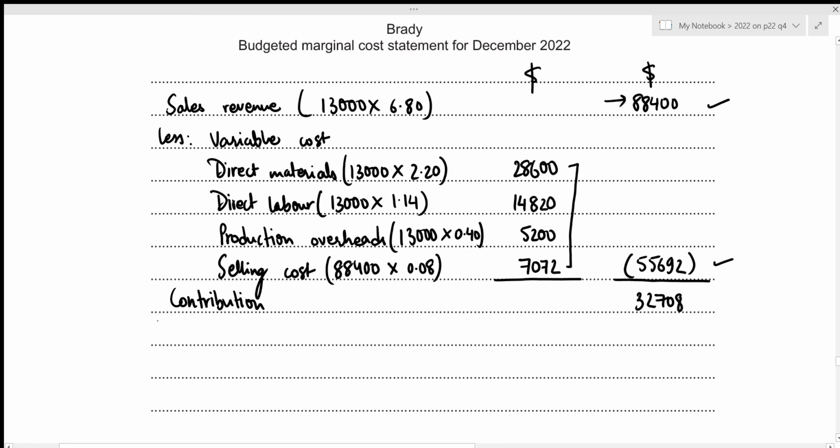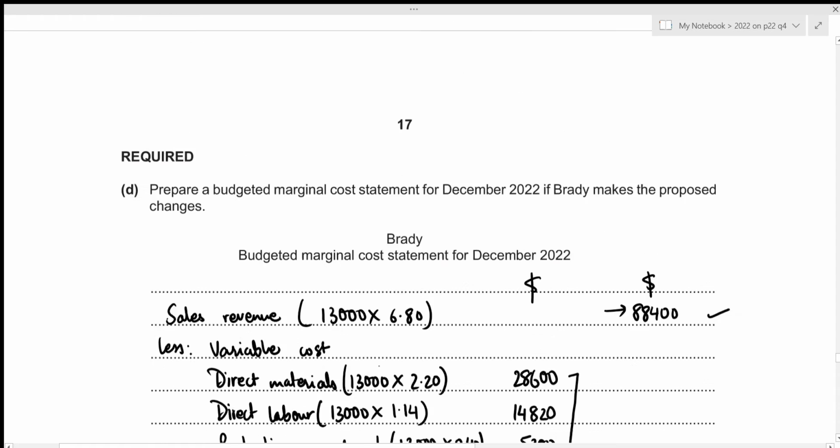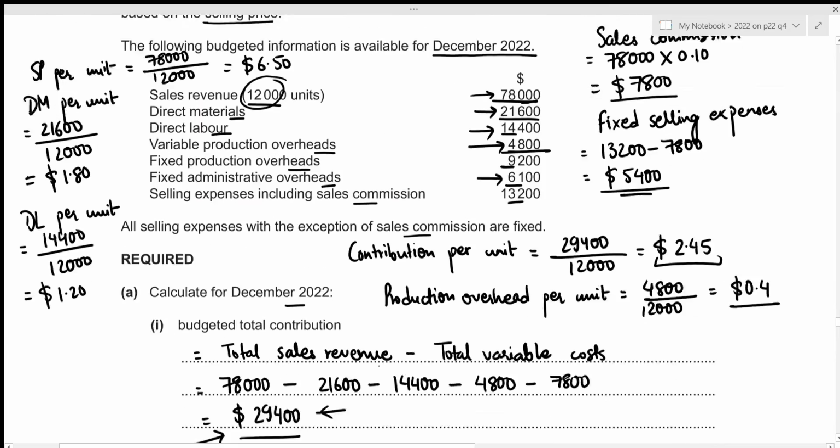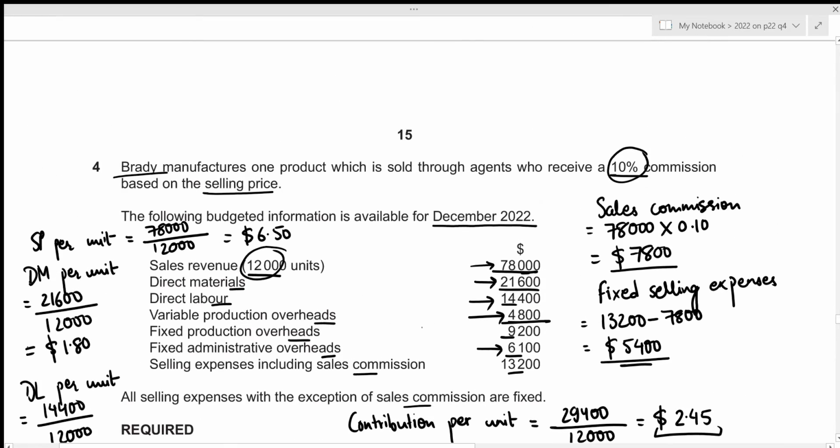Now the next step would be to subtract all of our fixed costs. And the very first fixed cost is our production overhead. Let's have a look above. There were no additional changes to be made to the production overhead, so we can just substitute the previous amount for our fixed production overheads, which is 9,200.